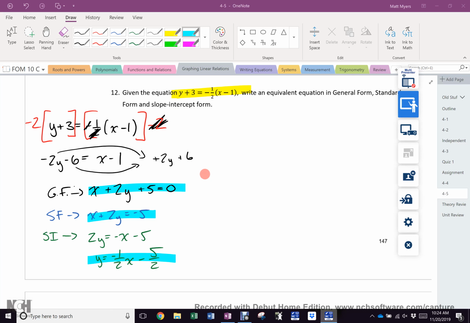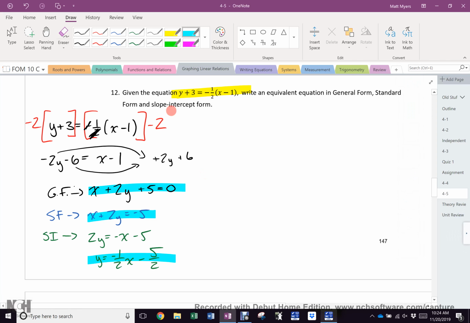Gersil is saying he would have liked to, or probably did, multiply by positive 2. So he would have had negative x minus 1 there, which would have given him negative 2y, which would have given him 2y plus 6 equaled negative x plus 1, and then he would have moved the x to get x plus 2y, and then move the 1, plus 5 equals 0.